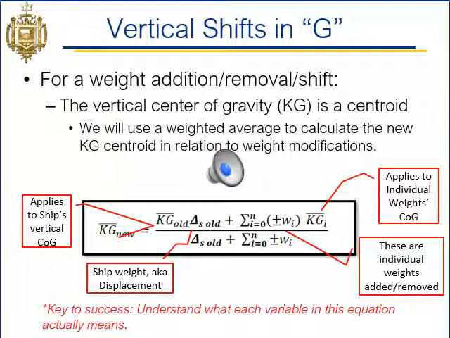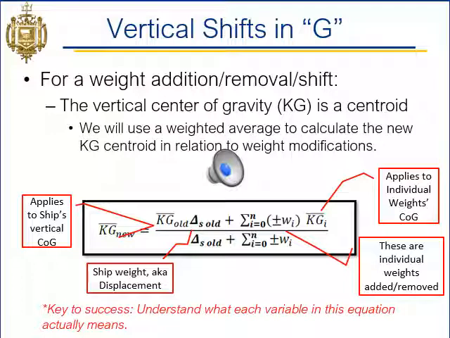The term on the left, the capital KG new, that's often what you're trying to find, which is the new vertical center of gravity of the ship after the weight addition or removal or shift. The first term in the numerator, the KG old, that's the vertical center of gravity of the ship before you added, subtracted, or shifted the weight.